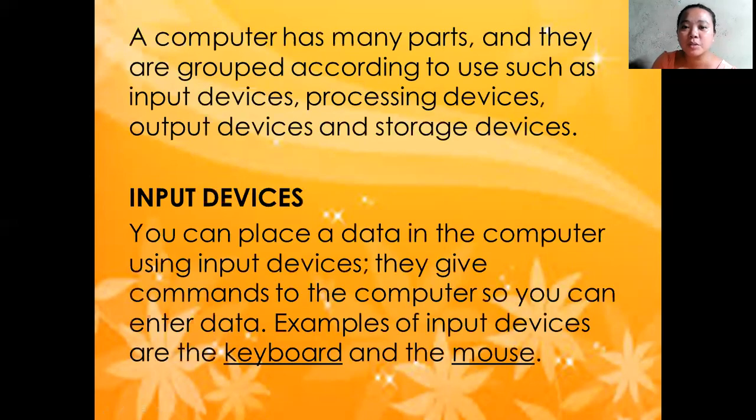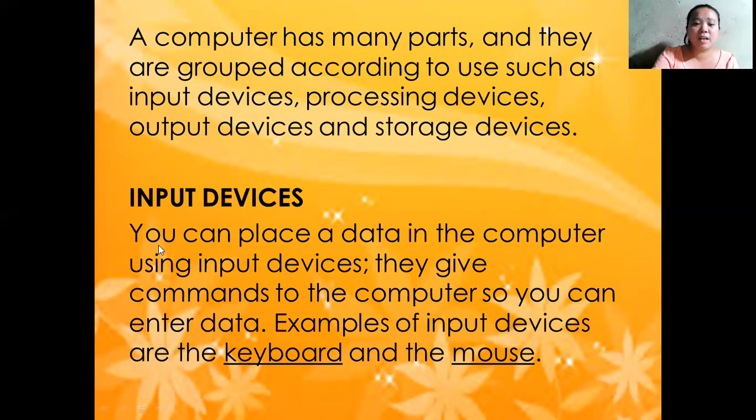For our computer, we're going to learn the parts, okay? The computer has many parts, and they are grouped according to use, such as the input devices, the processing devices, the output, and the storage devices. So first, we're going to learn the input devices.